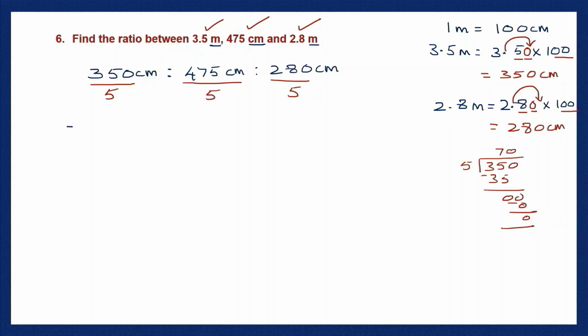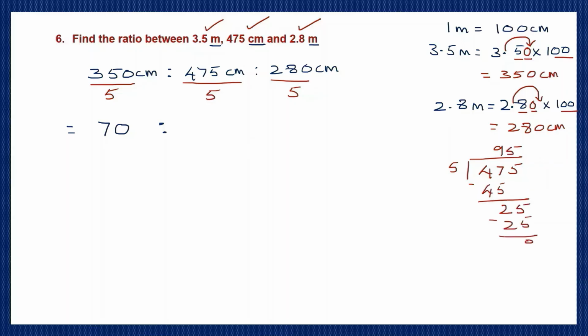So the first one that I get here is 70 is to, let's divide the second one, that is 475 by 5. So 47 we have, 5 nines are 45 minus, 2, I bring down 5, it's 25, 5 fives are 25 minus 0. So I have 95 here.